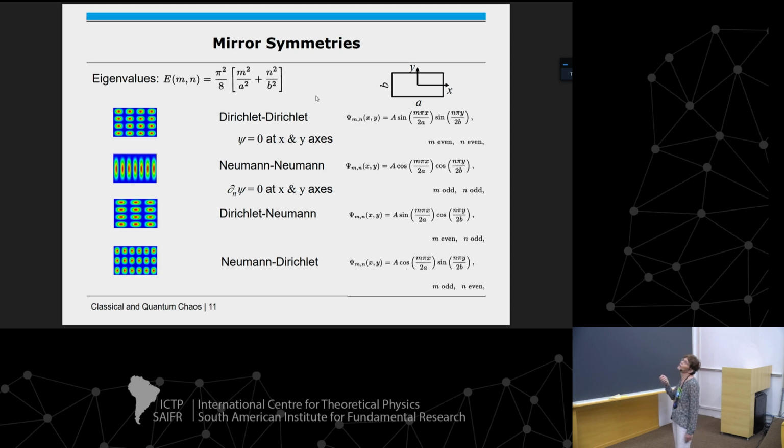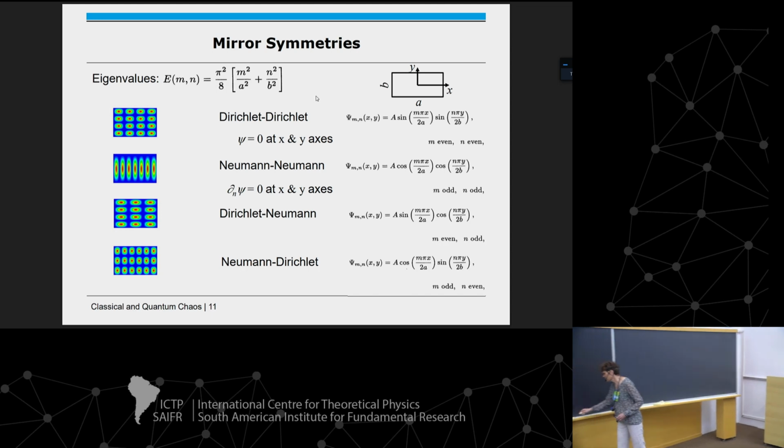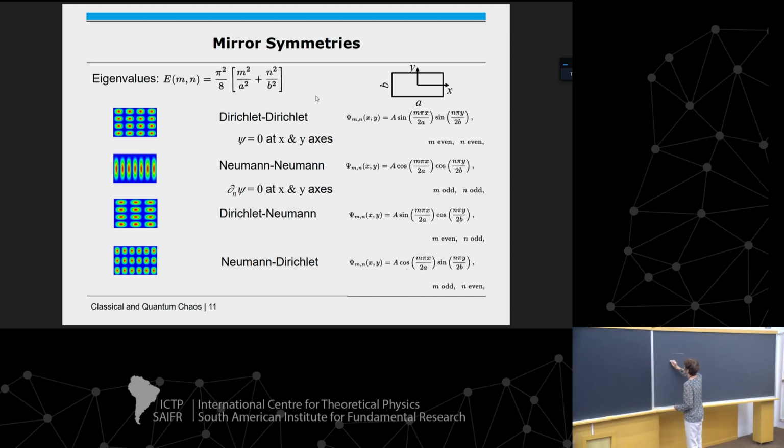Like here you have antisymmetric, antisymmetric, symmetric, antisymmetric, and so on. Here I just show the results for the rectangular billiard, but for example, the stadium billiard also has a symmetry.